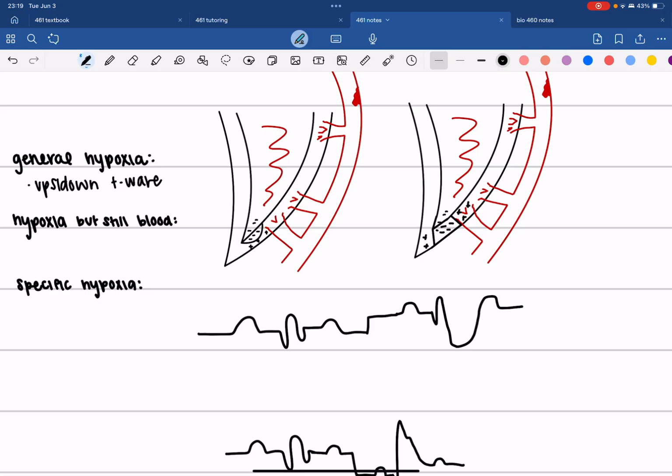This is what we're going to call an NSTEMI, or a non-STEMI. And then if we have specific hypoxia where it's completely cut off the bottom of it, that's going to be called a STEMI.